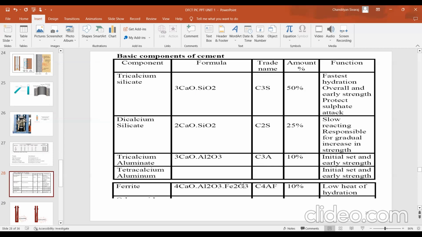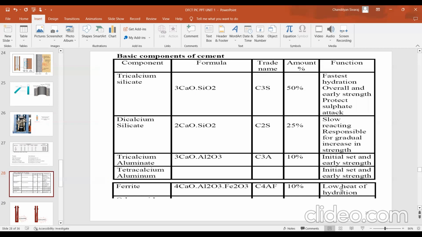That is called ferrite. Low heat of hydration cement, highly early setting cement, fastest hydrating, and resistance to corrosion and slow reacting cement. So if you add these more, you get this property. If you add this more, you get this property. If you add more C3A, it quickly sets.